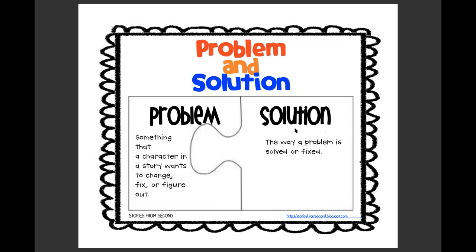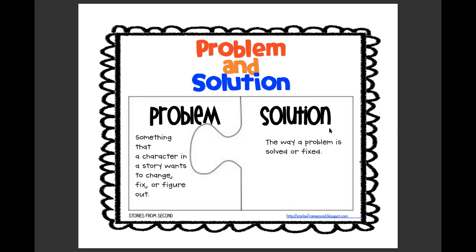A solution, so practice saying that word, solution, to a story is the way a problem is solved or fixed. So a character has a problem, and then they find a solution to fix their problem.